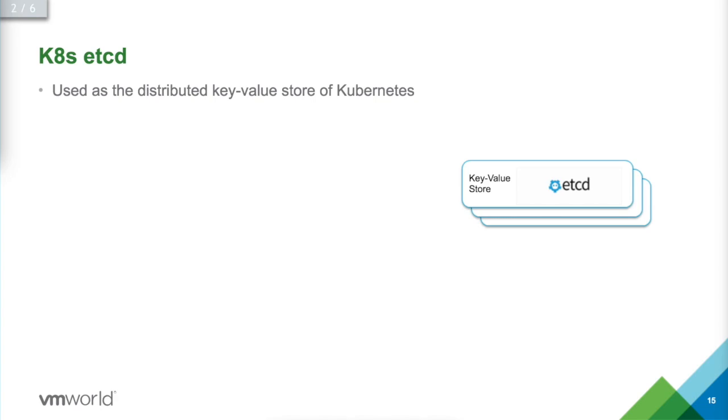etcd provides a REST API for create, read, update, delete operations, as well as an interface to register watchers on specific keys, which enables a reliable way to notify those watchers when the value changes.